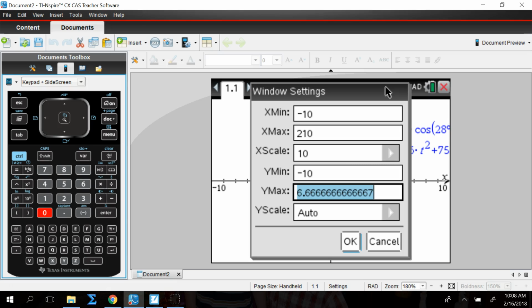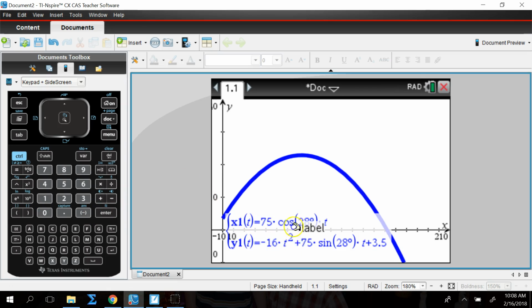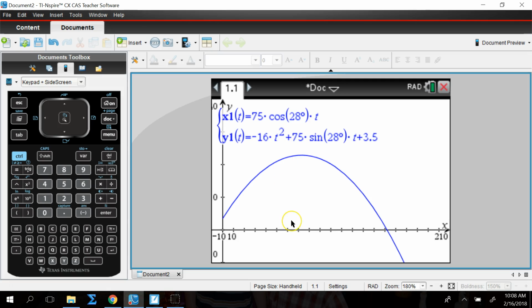How high? 50, maybe? 25? It doesn't get very high. Okay, 40. Let's go by tens. So that's the ball.